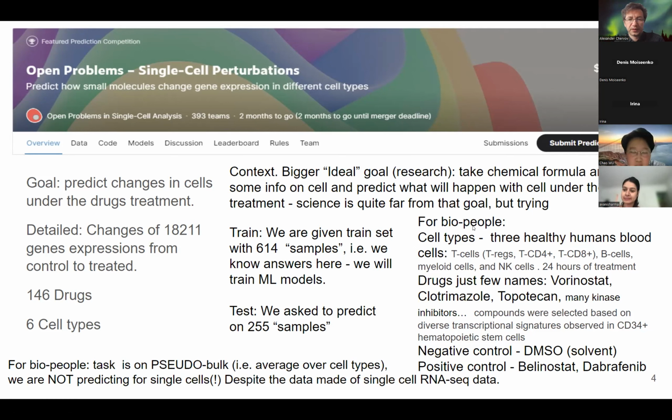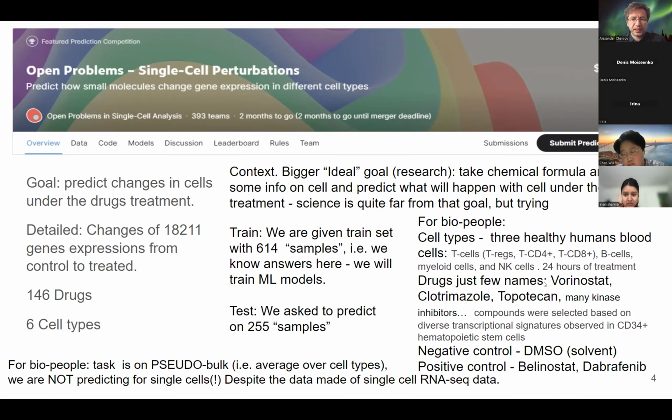Again for biologists, these are healthy human blood cells: T cells, Tregs, CD4, and CD8, plus myeloid and natural killer cells. They are from healthy human donors, 3 different donors, and the treatment was for 24 hours.